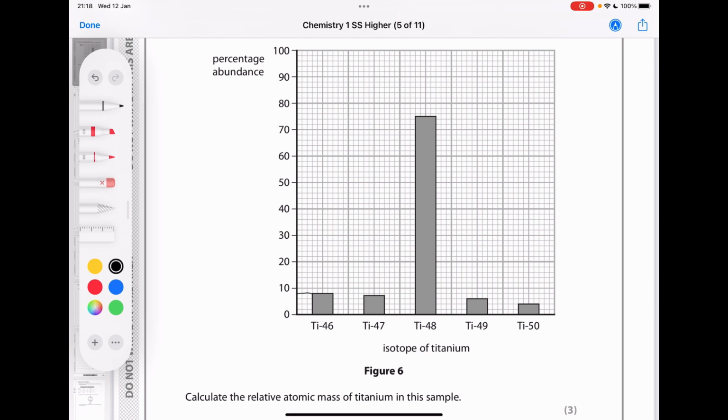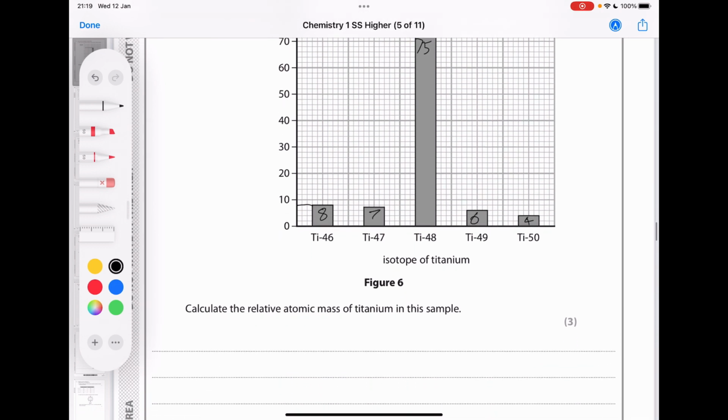So this first one is 8. This second one, this bar is halfway down to the next one, so this is 7. This one, this line here would be 74, so this is 75. This one is 6, and this one is 4.